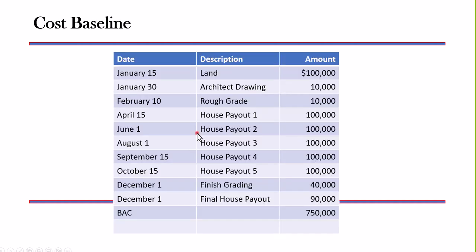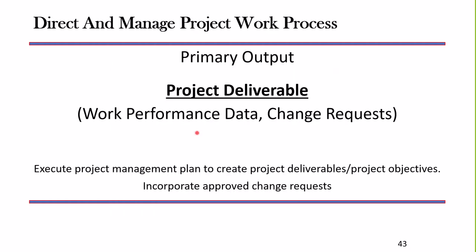The cost baseline can look many different ways, whatever your methodology calls for. But here we have a time phase payout of our cost baseline. Now what we're going to do after we get to this point is move into the execution of the project.